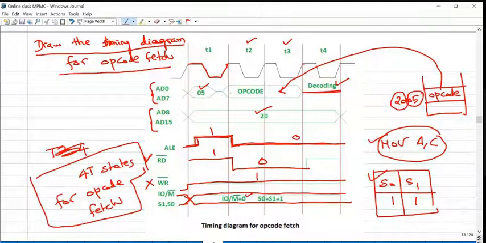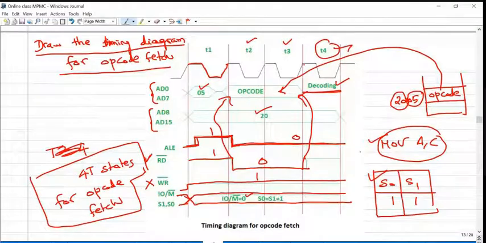Between the 2nd and 3rd clock cycles, the opcode is fetched by the microprocessor. And one clock pulse is utilized to decode what kind of instruction it is. Very simple.